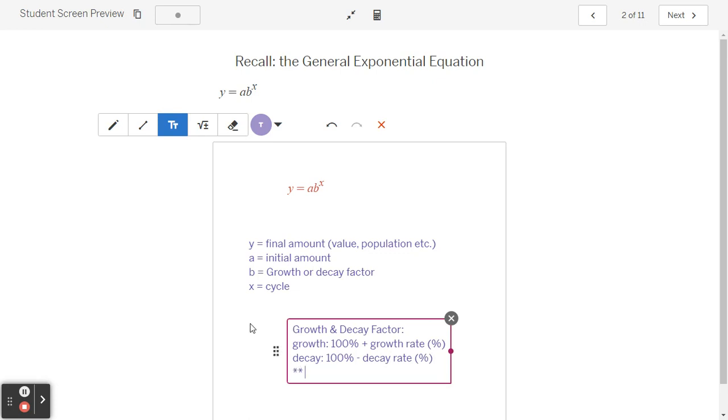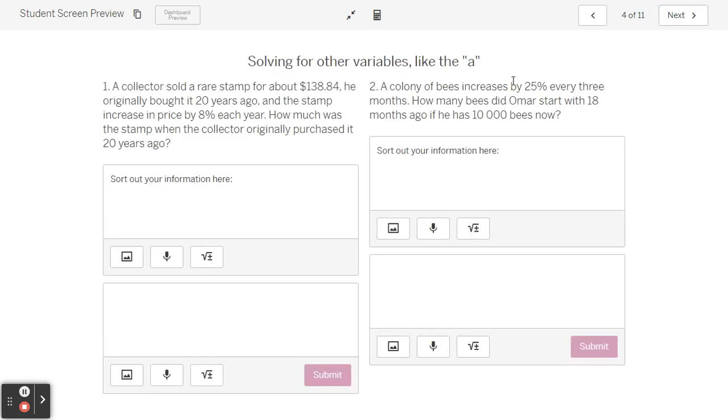But we also need to make sure we convert this into a decimal. Now, today, the lesson is instead of solving for y, we're going to be solving for some of the other variables. First, we're going to start with solving for the letter A.